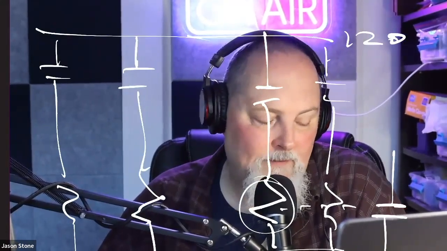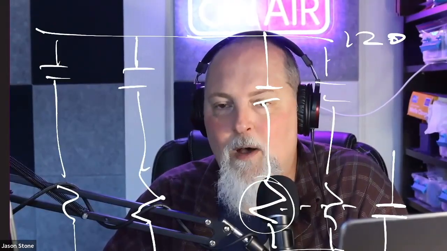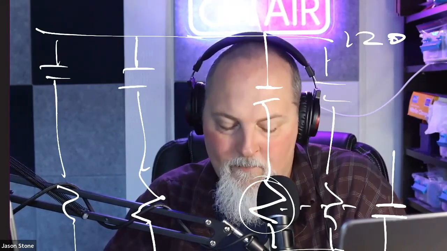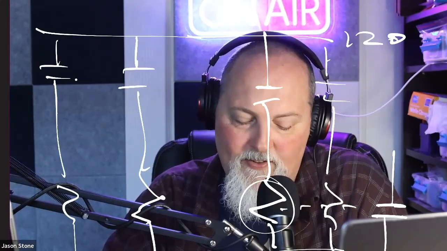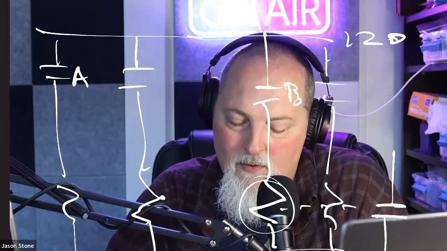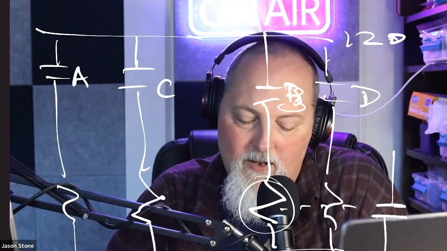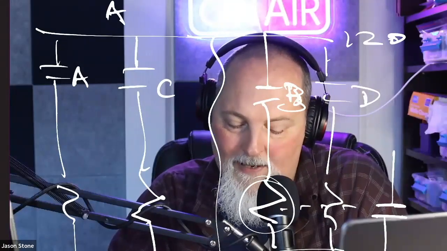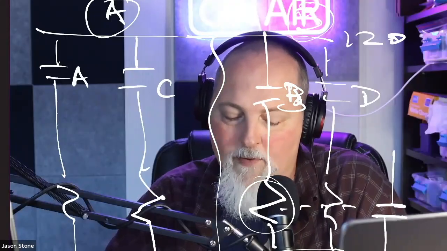The other thing we have is logic systems, such as 2 out of 2 taken once or 1 out of 2 taken twice. And that means that I have different channels. So let's say this is contact Alpha, this is Bravo, this is Charlie, and this is Delta. And then these are split. These two make up channel Alpha, these two make up channel Bravo.